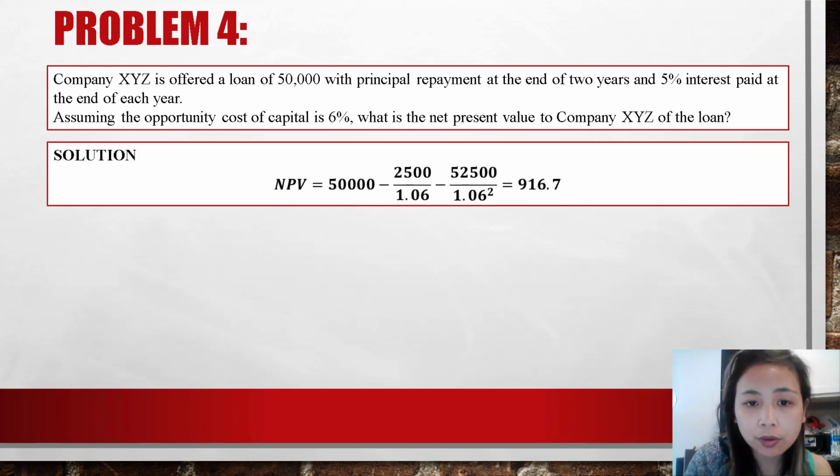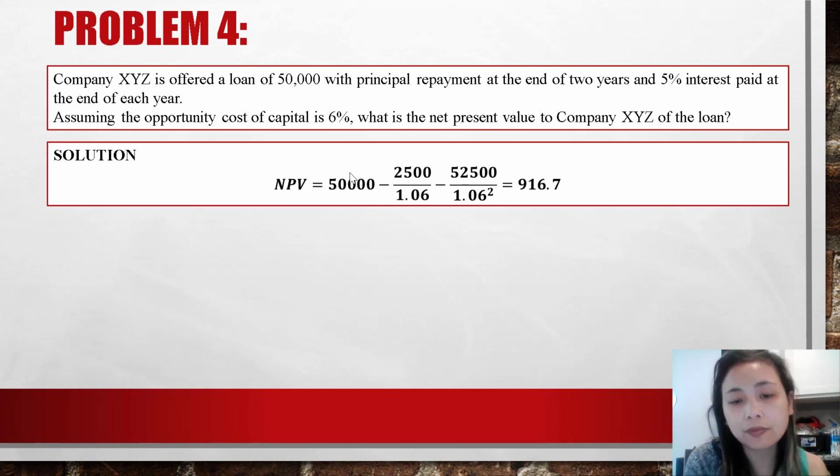At time 0, we receive 50,000 because the company gives us 50,000. So it should be positive. Then at time 1, we pay the company 2,500, so it should be negative. And the present value of this amount is 2,500 over 1.06.